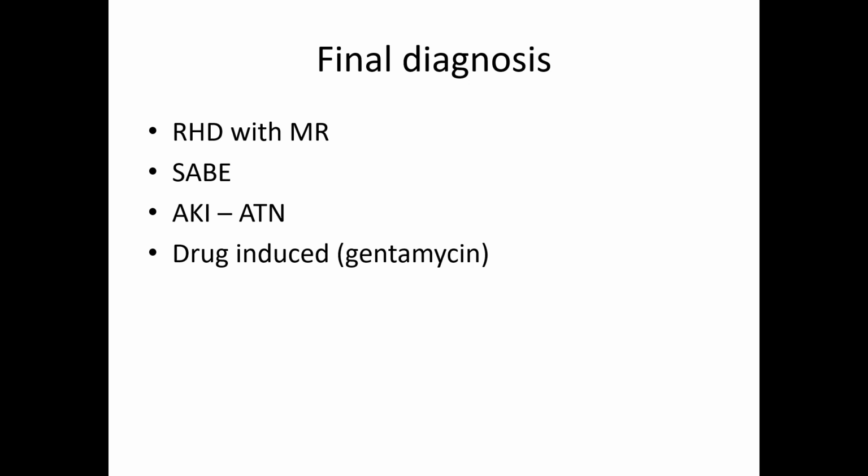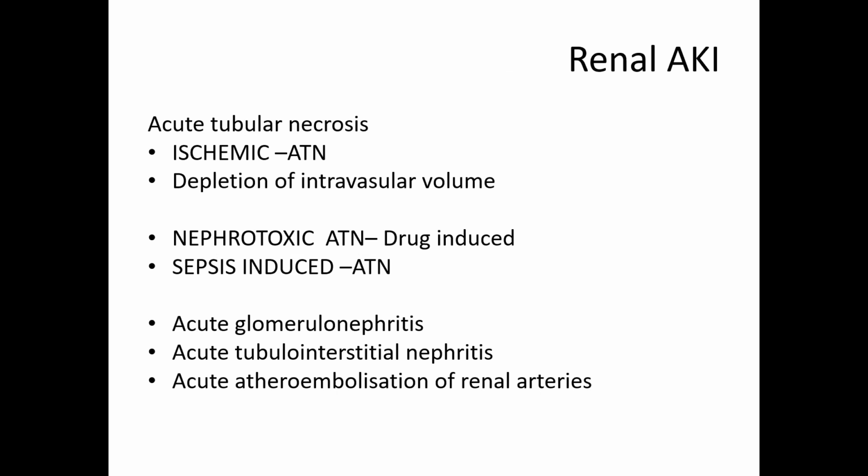But despite the increased serum creatinine value, the gentamicin dose was not stopped, it was continued. So it is one of the examples of hospital acquired AKI. The patient suffered from nephrotoxic injury because of that drug.